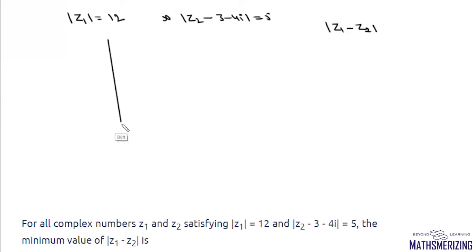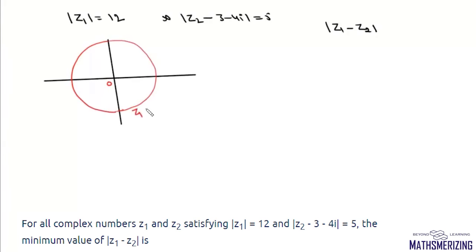Now, first one is z1. So mod z1 equals 12. That means z1 will lie on a circle with center at origin and radius equals 12 units. So z1 will lie on this circle with center at origin and radius equals 12 units.